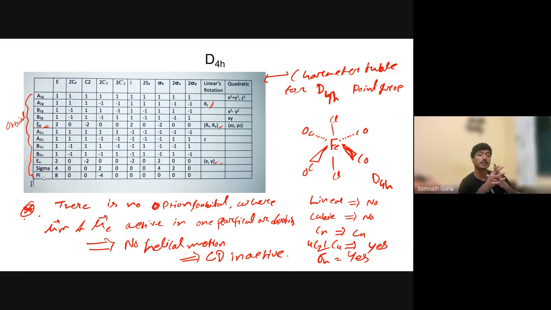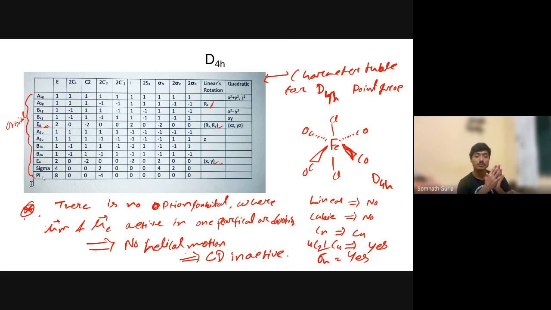The fundamental thing is that in one particular symmetry operation, x and Rx, or y and Ry, or z and Rz, must be active together. Otherwise, there is a missing magnetic dipole moment or electrical dipole moment.